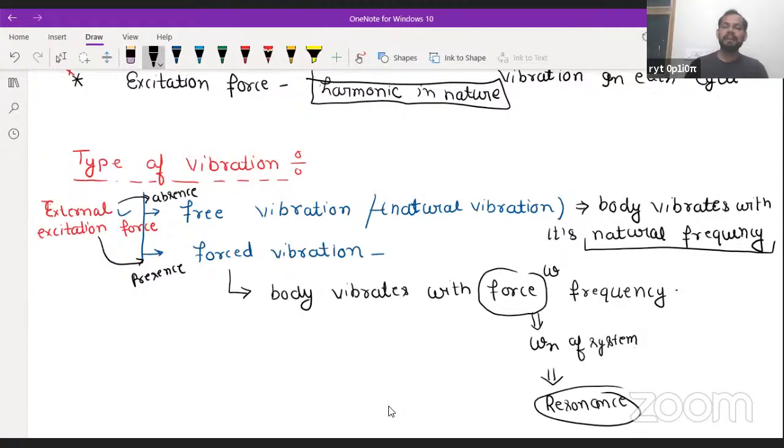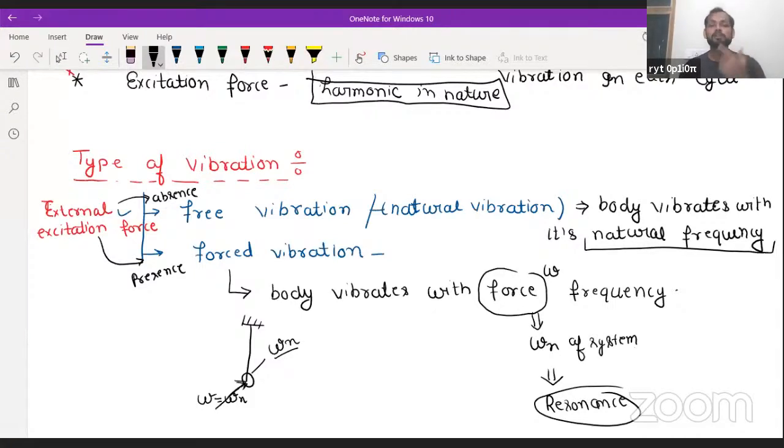For example, let us assume there is one pendulum, and you are applying a force over it with a frequency of omega. And as you know, the natural frequency of the system is nothing but omega n. So if the natural frequency of the system is omega n, and you are continuously changing the frequency of force, when your force frequency becomes equal to the natural frequency, what will happen?